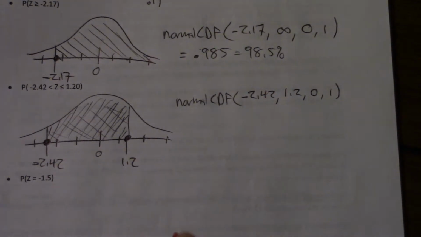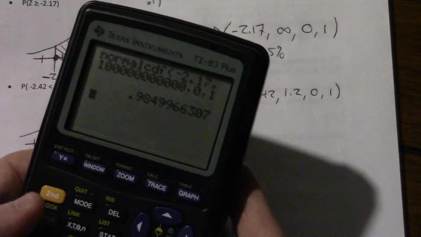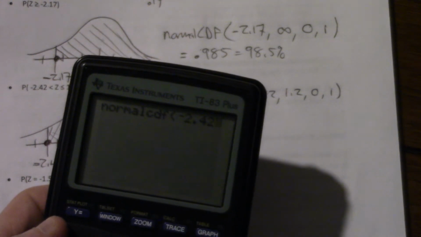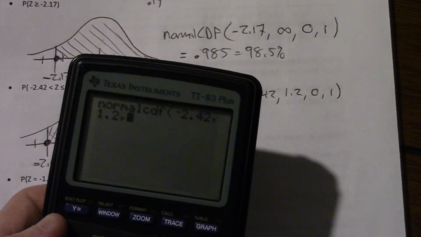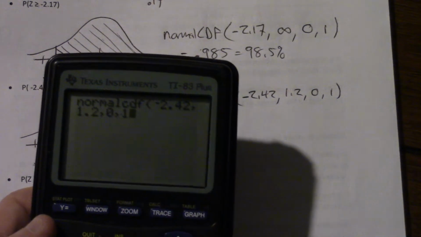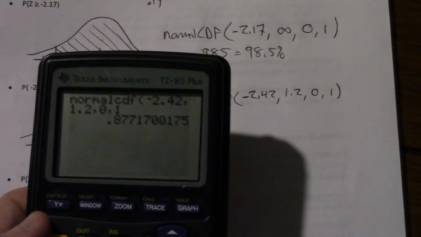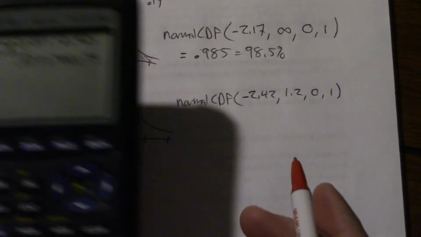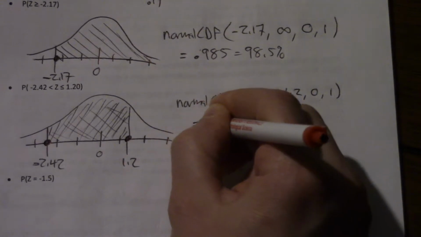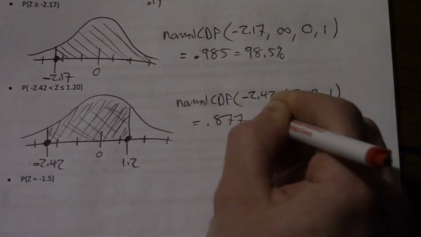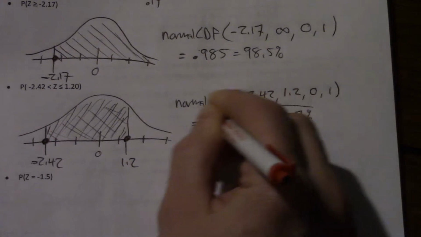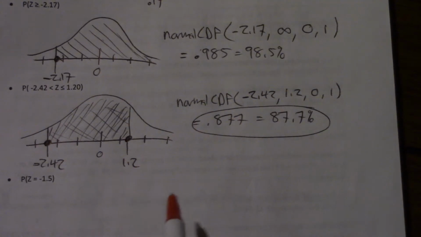The standard deviation is 1. And we get 0.877. You can leave it as a decimal, or if you like percentages, you can turn it to a percent. Doesn't matter. Okay.